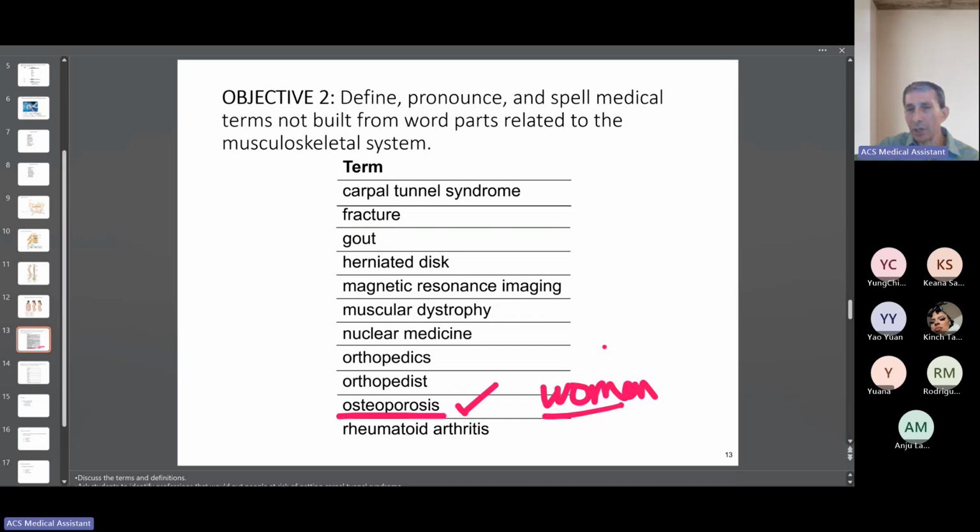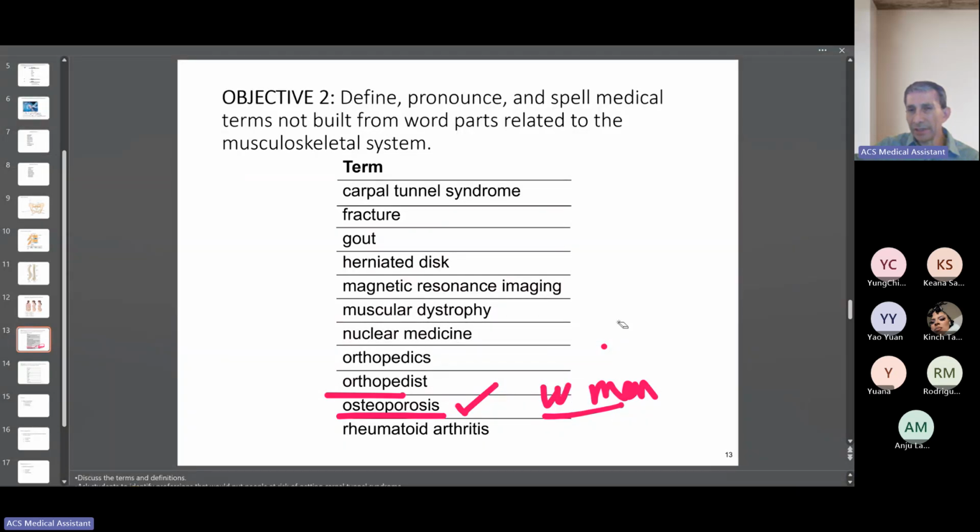So your bones become very weak. And that's why females break their bones very easily. They suffer fractures very easily. And they suffer osteoporosis very easily. So remember, osteoporosis, females, women.